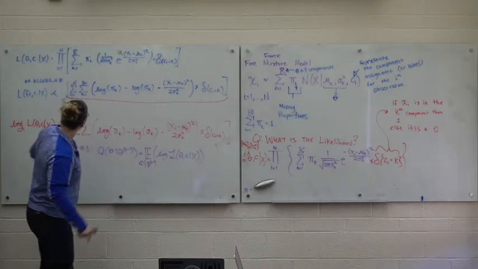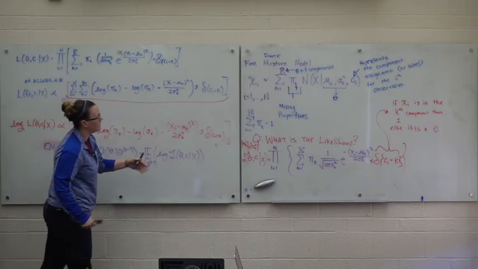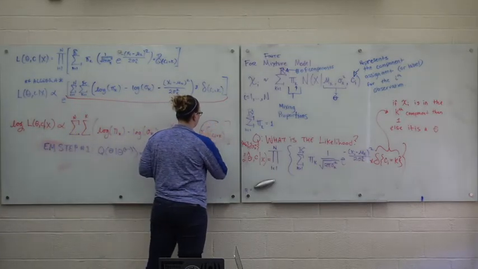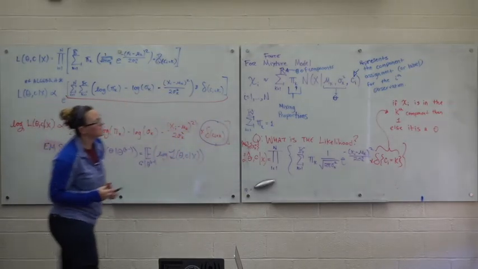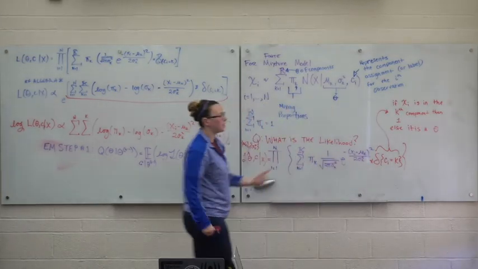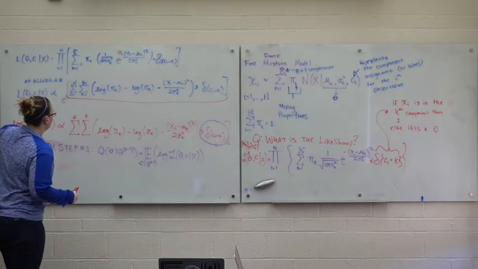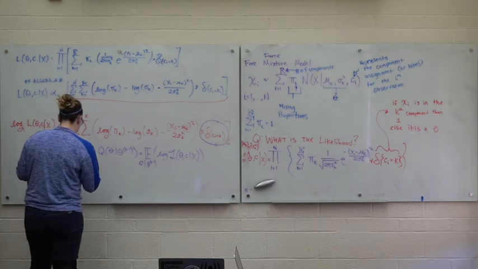And so when we're looking at this log likelihood and trying to find where the C's are, they are all represented in here. And that is why we needed to add this component here to make sure that our likelihood was proper. Okay, so let's just take an expectation and keep going.